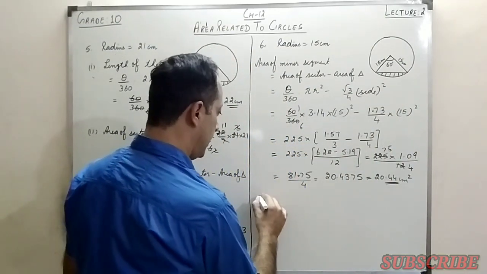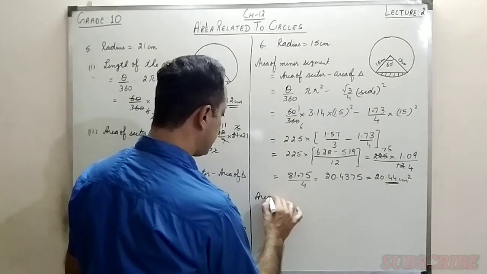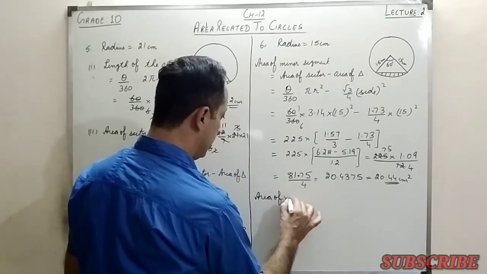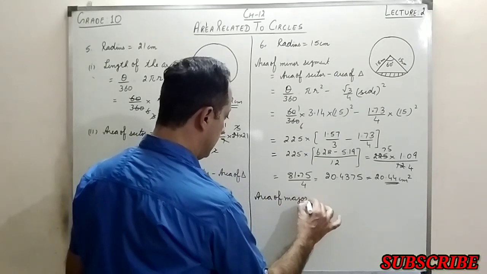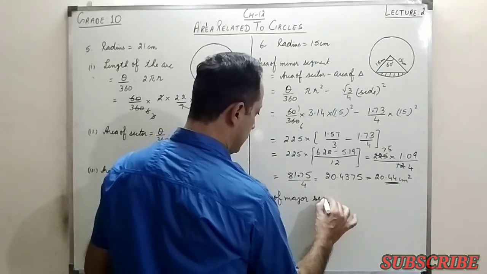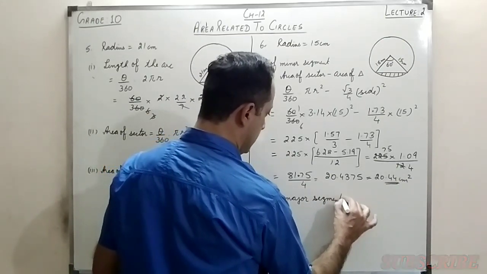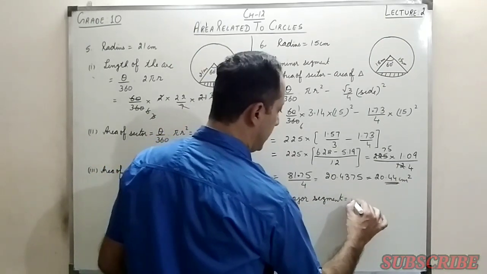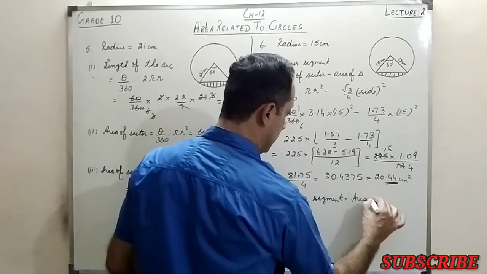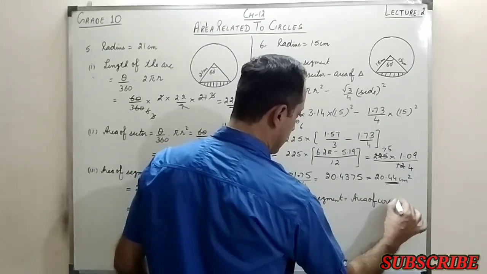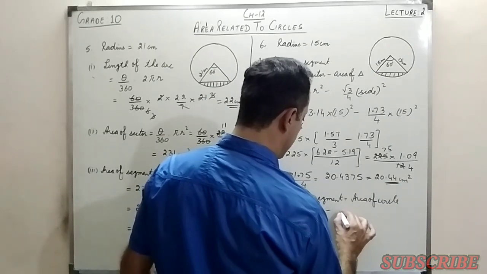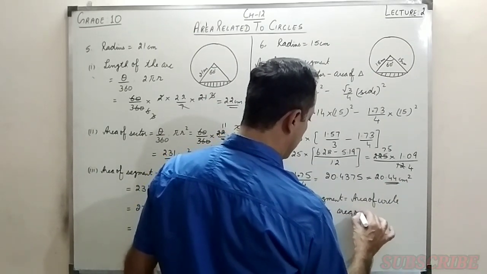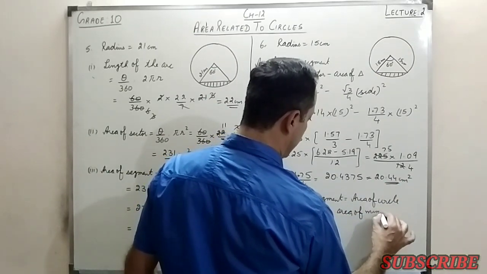So area of major segment is equal to area of circle minus area of minor segment.